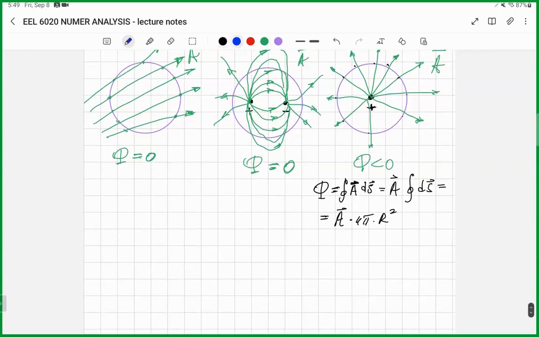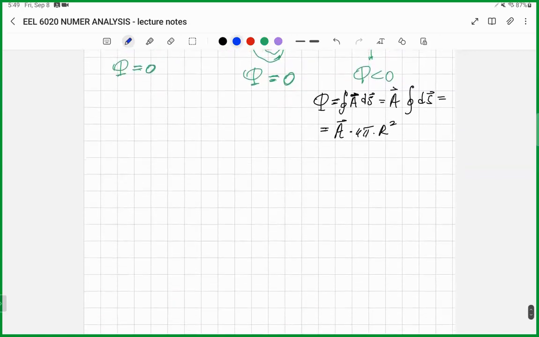Okay, so now we can consider maybe a couple of problems. Let's consider problem one. Last time we considered several problems about calculation of divergence.